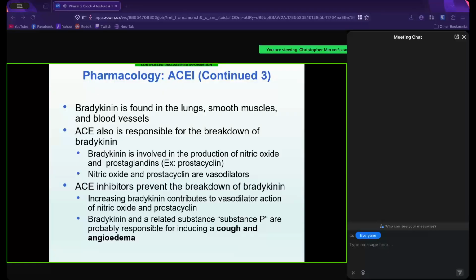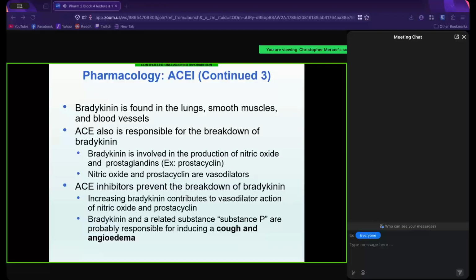What does bradykinin do? It stimulates nitric oxide, it stimulates prostacyclins. Basically you need to know that bradykinin is a vasodilator. So we would think that would be great for our hypertensive patient put on an ACE inhibitor. Yay, because ACE isn't going to break down the bradykinin with the ACE inhibitor on board.